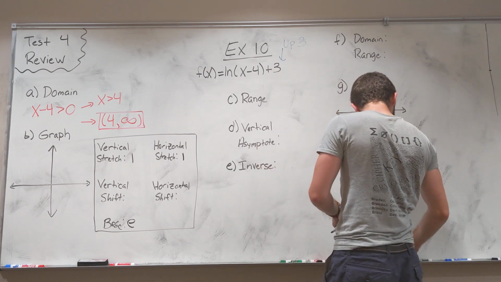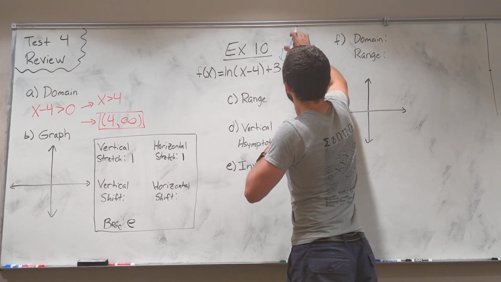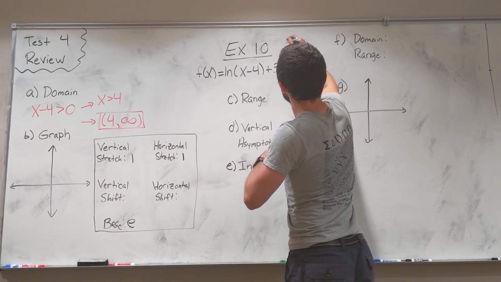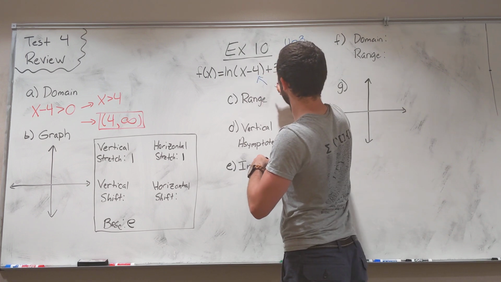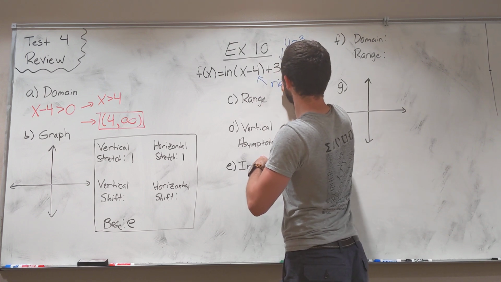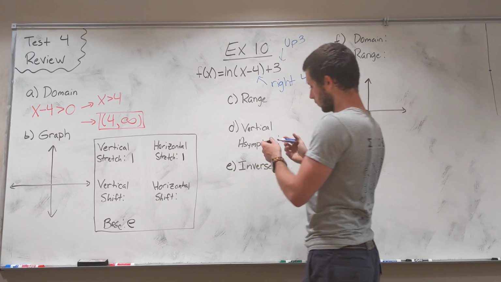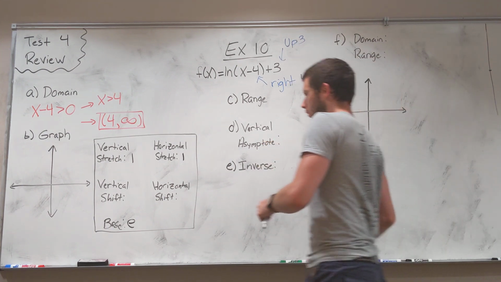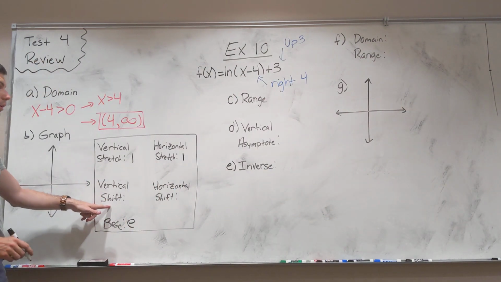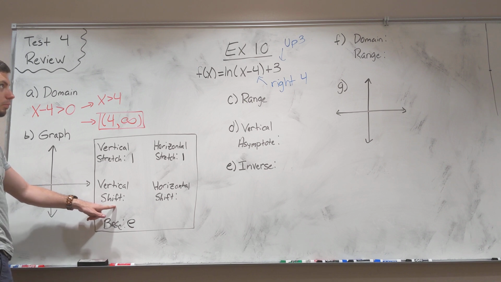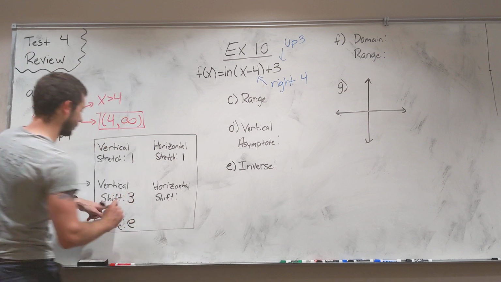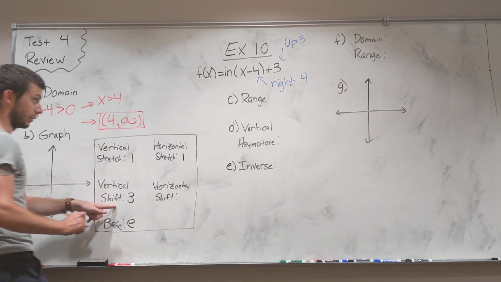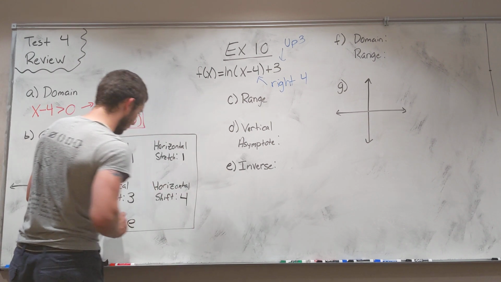So the +3 here tells us that we're going up 3. And the -4 here tells us we're going to the right 4. So we can apply that as, see, vertical is up or down, and so that would correspond to 3 here for the up 3, and then to the right 4, that would be 4 right here.